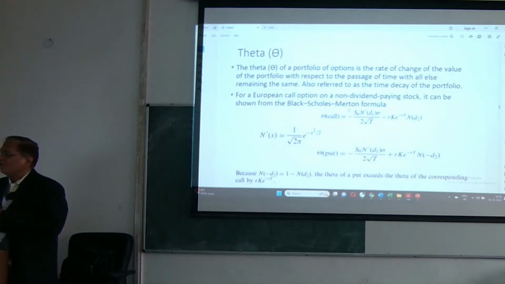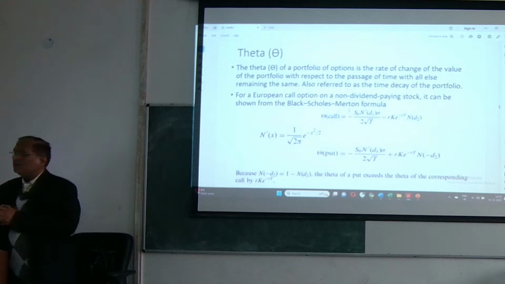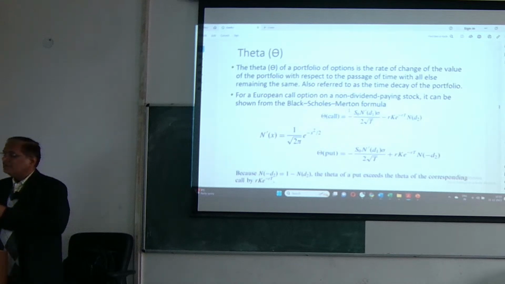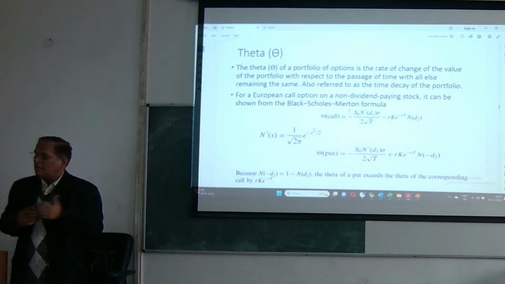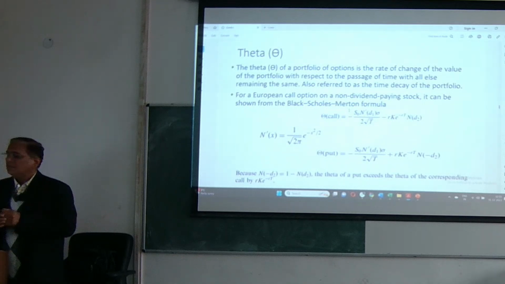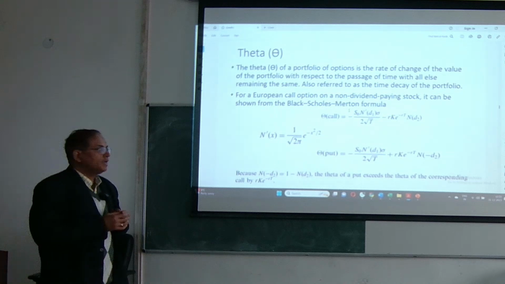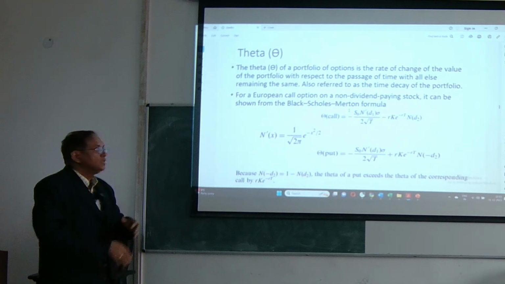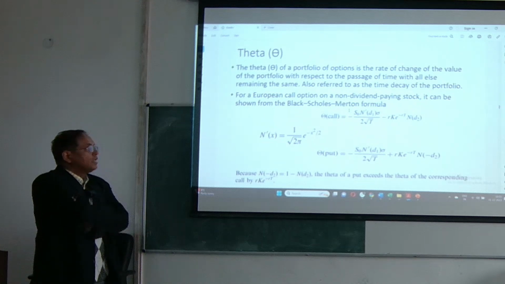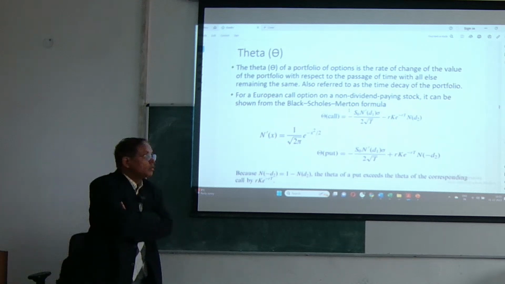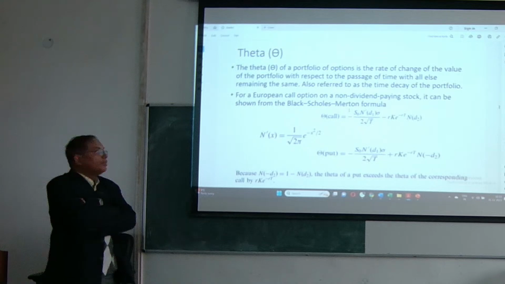For a European call option on a non-dividend paying stock, it can be shown from the Black-Scholes model, and that equation has already been indicated. So call and put both have to be there. You just go through the formula related to time span, how time is going to work. So the value is set. Now here I would like to highlight one more important point in this Black-Scholes formula.